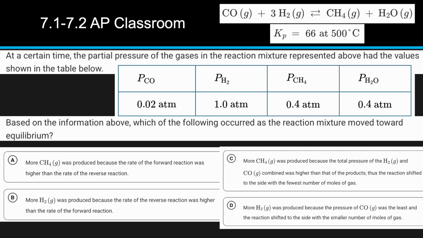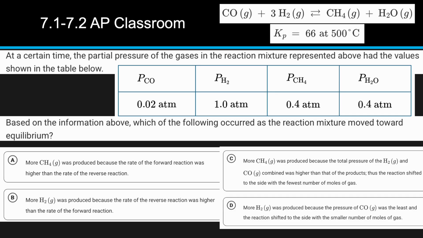All right, and this was our most missed question on the 7.1 to 7.2 AP Classroom assignment. It says at a certain time, the partial pressure of the gases in the reaction mixture had values shown in the table below. Based on the information above, which of the following occurred as the reaction mixture moved toward equilibrium?